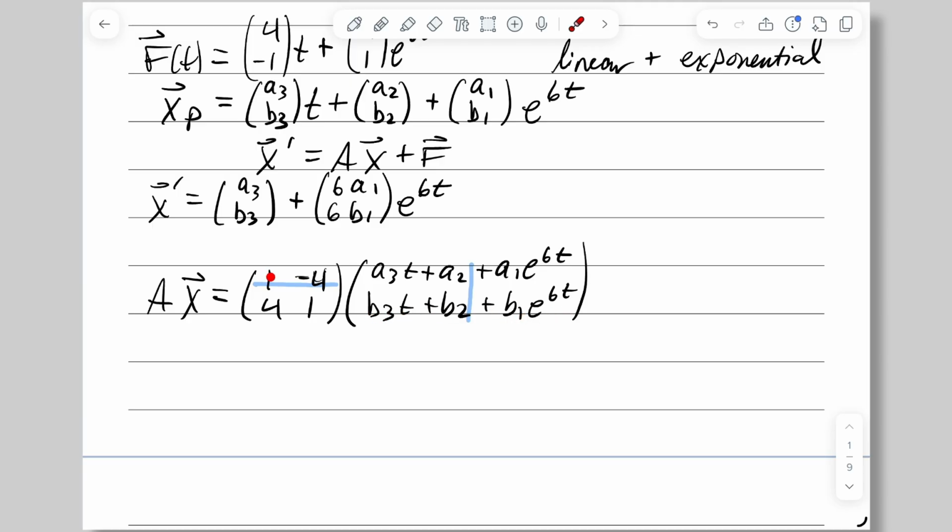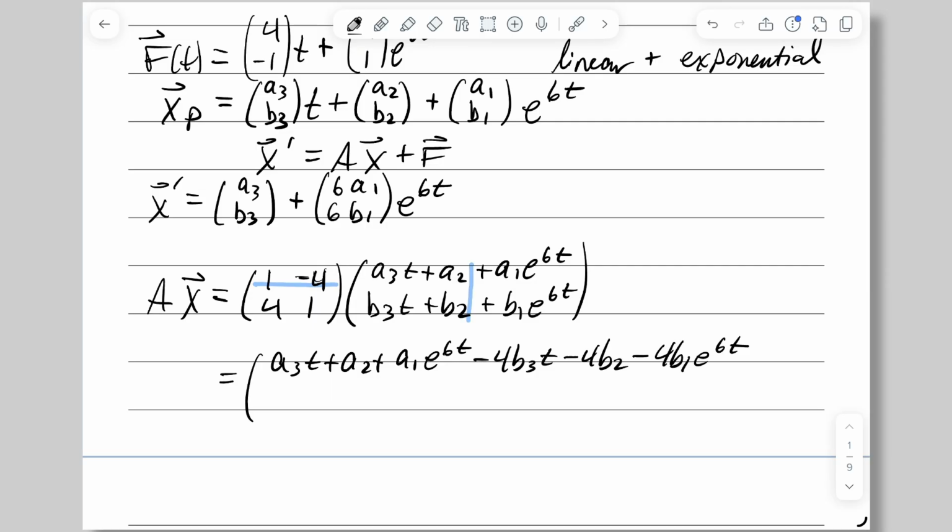So we're going to multiply 1 by that 3-term entry in the top, minus 4 times the 3-term entry in the bottom, and write it all as one big entry. That's going to look like a3t plus a2 plus a1e to the 6t minus 4b3t minus 4b2 minus 4b1e to the 6t. And then we're going to take 4 and multiply it by the top entry and 1 multiply it by the bottom entry. Add them all together.